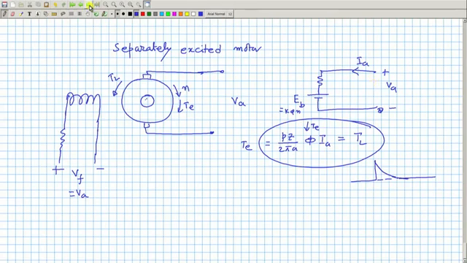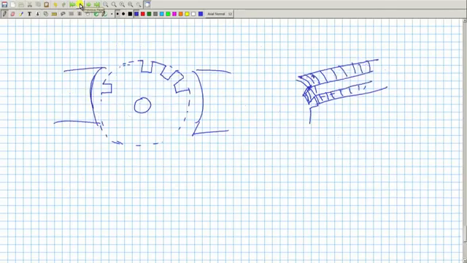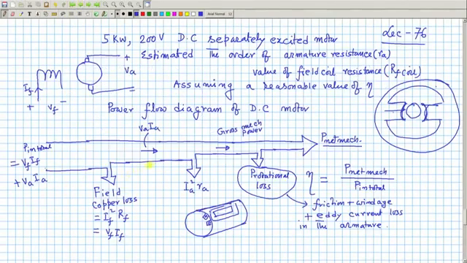Now, I also told you about the power flow diagram. This is the gross mechanical power developed. We found the expression of the torque from considering BIL in our earlier lectures.